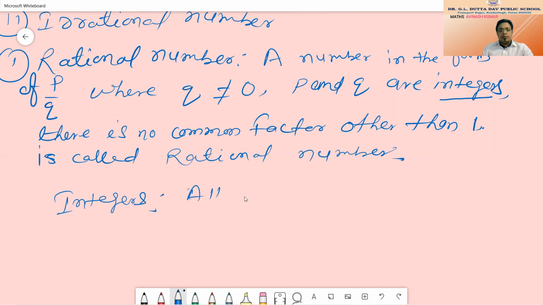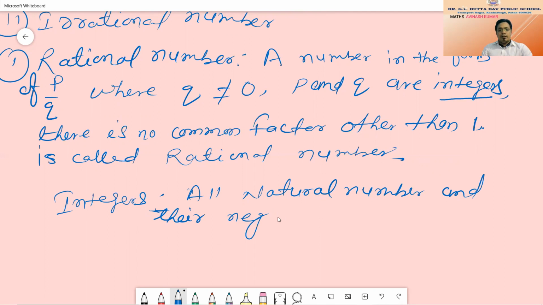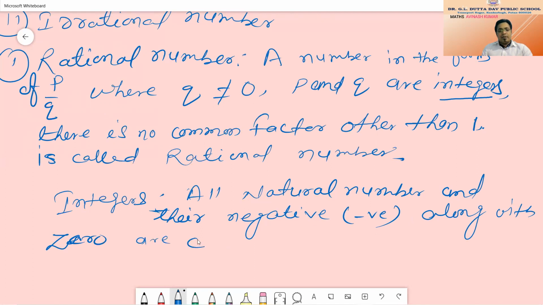Okay, students, all natural numbers and their negatives, that means the negative of any natural number, along with 0, are called integers. Fine, students.